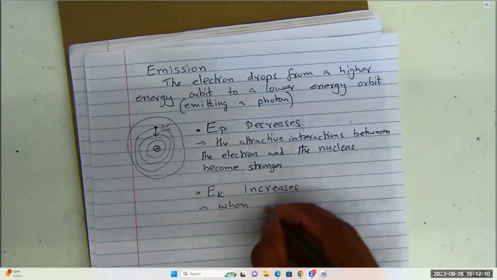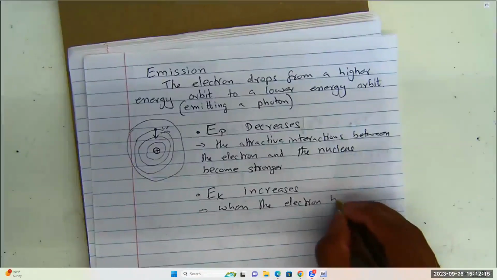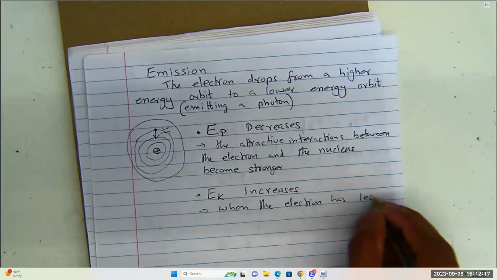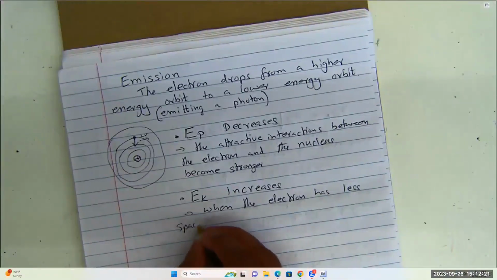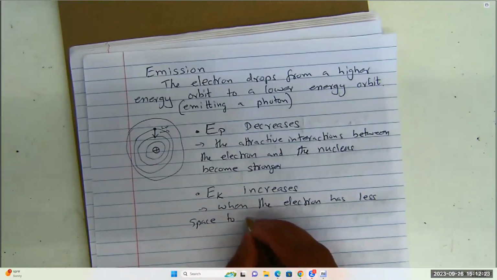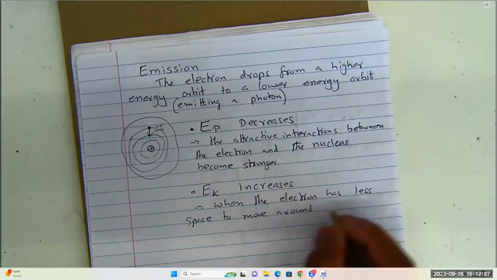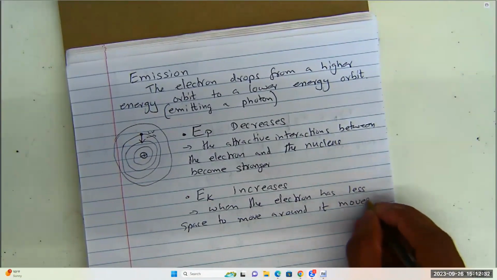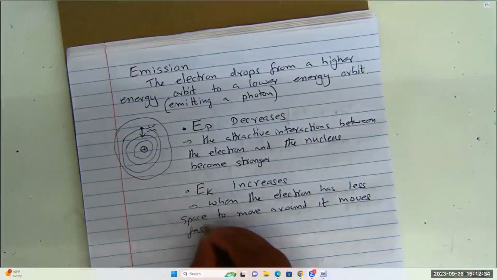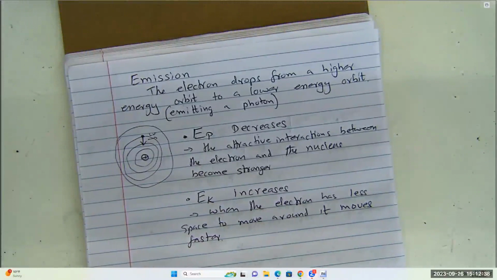When the electron has less space to move around, it moves faster. For that reason, kinetic energy increases.